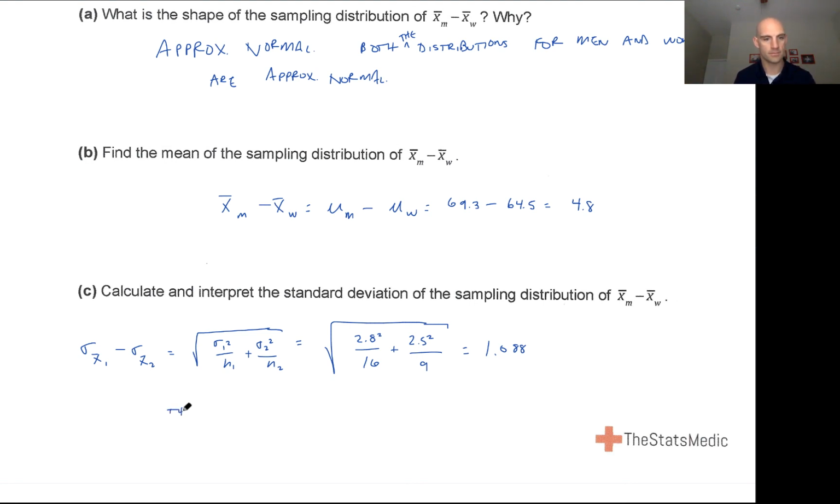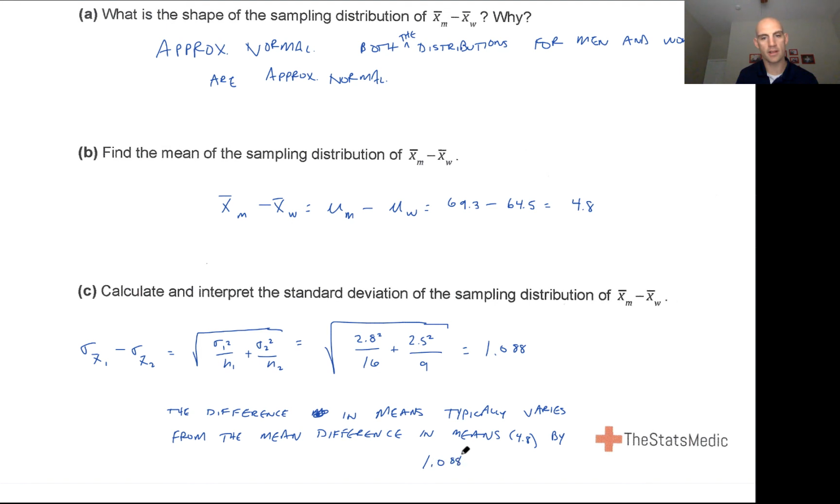The difference in means typically varies from the mean difference in means, which is 4.8, by 1.088. And you can put a little context on this, right?